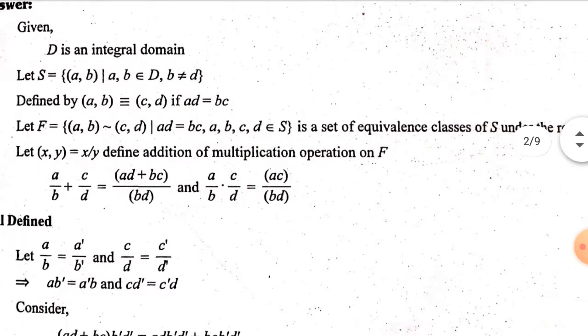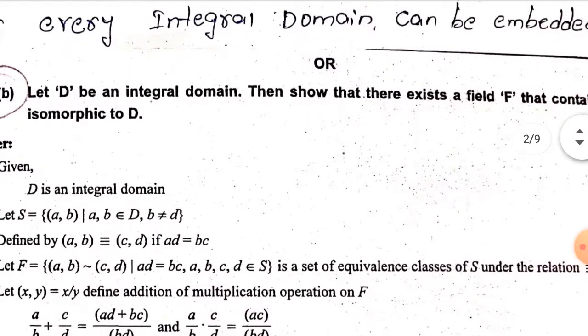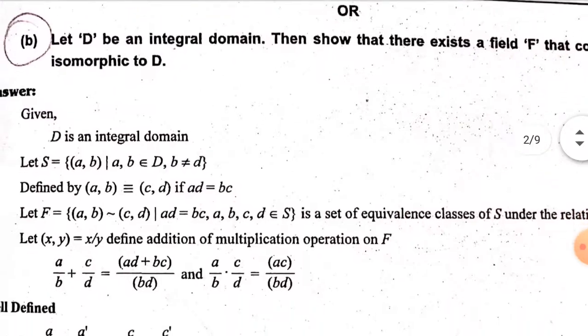Now also define (x, y) can be written as x by y, and define addition and multiplication operations on F. Based on these conditions, we are going to prove this theorem. Now you see what we have to prove: it is a subring isomorphic to D. We have to prove it is isomorphic.